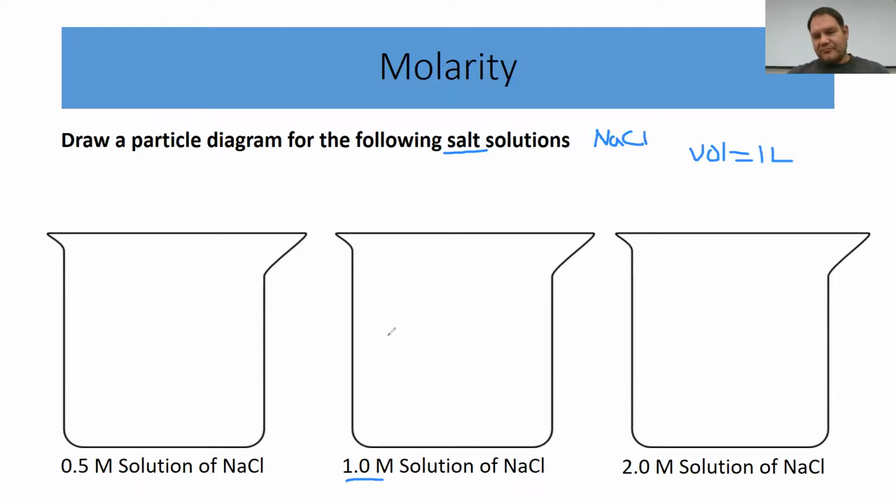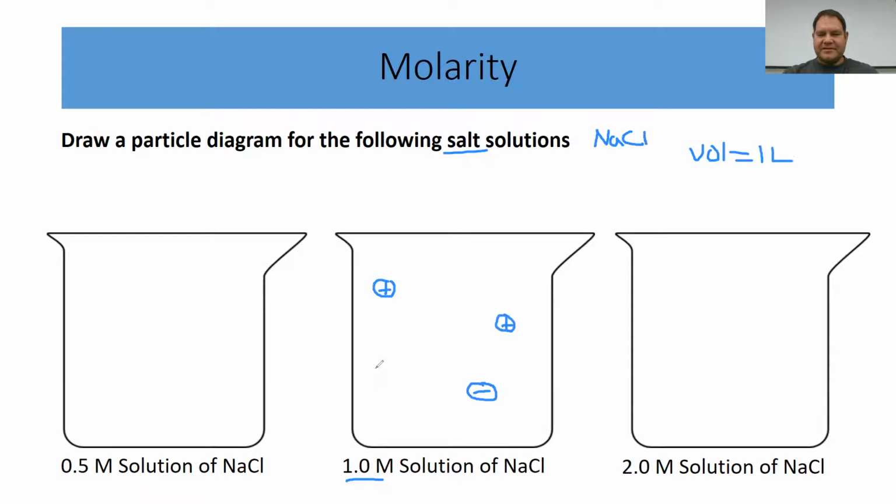Now, if I have a 1 molar solution and I draw a particle diagram, it might look something like this. I'll take my sodium ions, which are positively charged. There's a sodium, and here's a negatively charged anion, that would be chlorine. Let's say we have another sodium here and another negative charge.